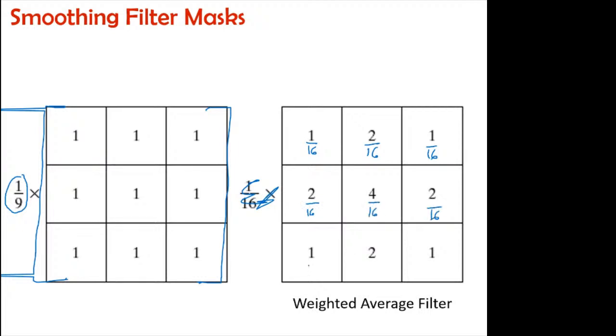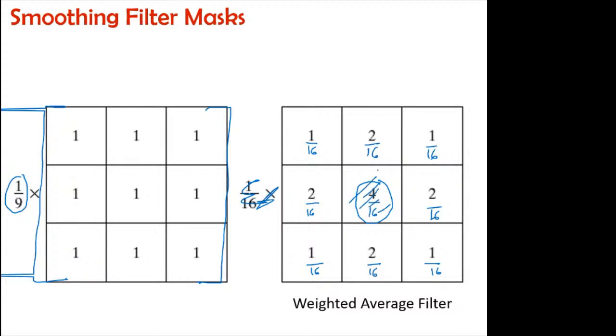So this is also an averaging mask, but here the averaging is not equal at every place. You can see that this center pixel is being given more importance. You are attaching a higher weight to this center.